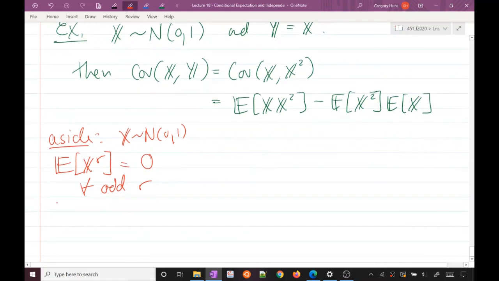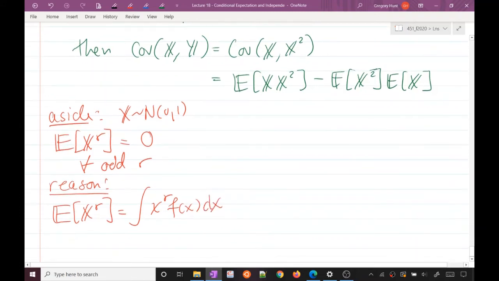The reason is that expected value of x to the r, when r is odd, is the integral of x to the r f(x) dx. The PDF of the normal is an even function. X to the r is an odd function. The product is odd. And we're integrating from negative infinity to infinity, so we're integrating over a symmetric interval, and it will be 0. Because the integration of an odd function over a symmetric interval is always 0.